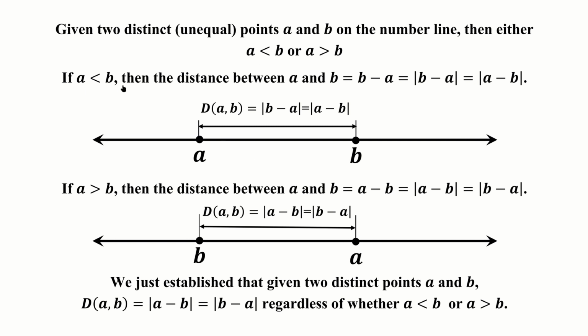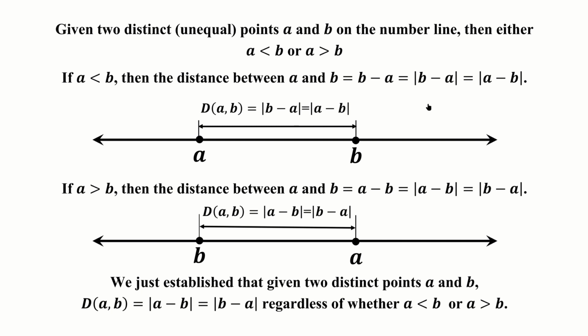So if a is less than b, then the distance between a and b is, remember, you can just say the bigger number minus the smaller number, right? But notice that's the same as the absolute value of b minus a, right? Which, we just saw in the previous screen, is the same as the absolute value of a minus b. So the distance between a and b can be found by finding the absolute value of b minus a or the absolute value of a minus b.